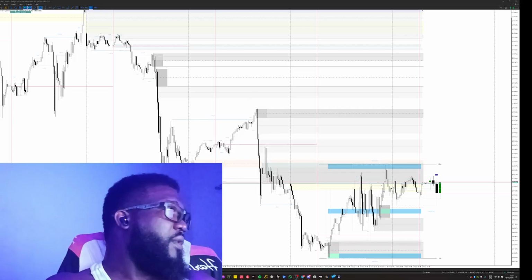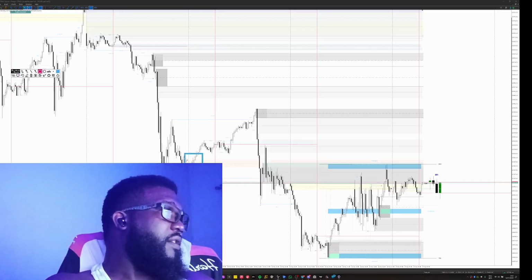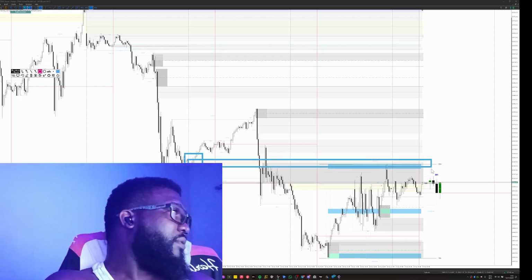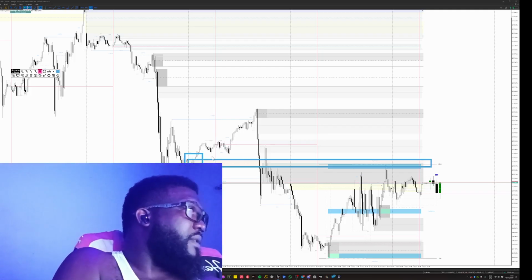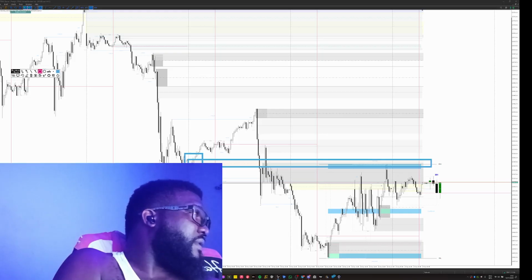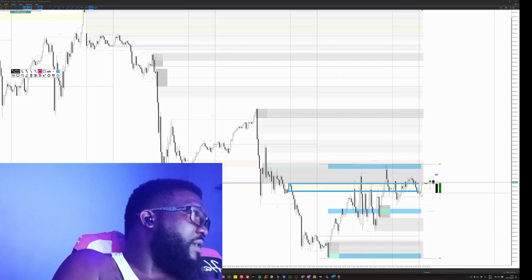So this is where we opened the market on Monday night. So coming into Monday night, we open right here, created this gap, that we went up to test today and we couldn't get above. Was it that gap? No, this was Monday's price action. So we actually opened right here. This is a new week opening gap. Sorry about that. So we opened right here yesterday for this gap right here.